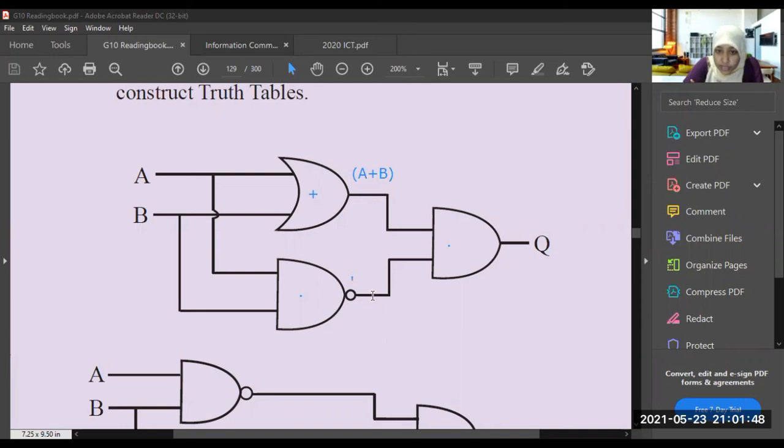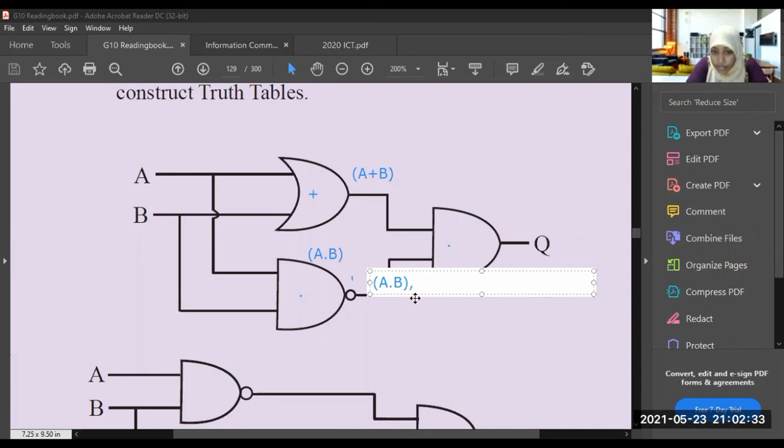Now you should come to this. There is another output here. A is coming, then B is coming also. So until here, before this circle, it is A and B. Before the circle, it is A and B. After entering the circle and coming out, it will be A and B bar.